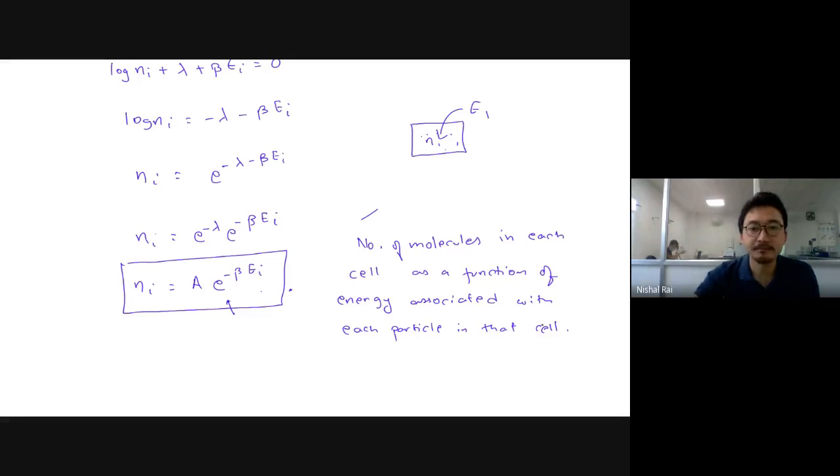Is it clear? Basically, this will give you the number of particles in a particular energy. This is how the particles have been distributed.